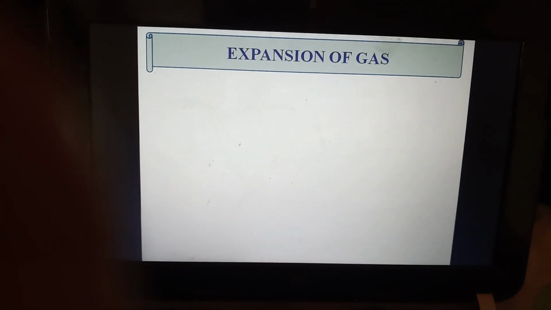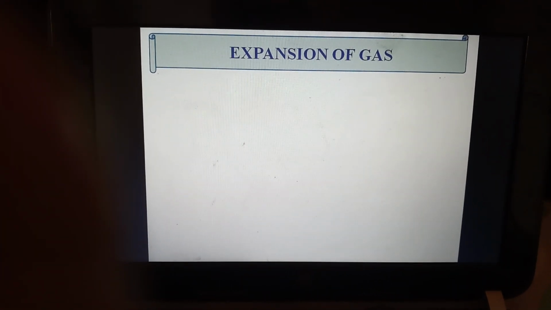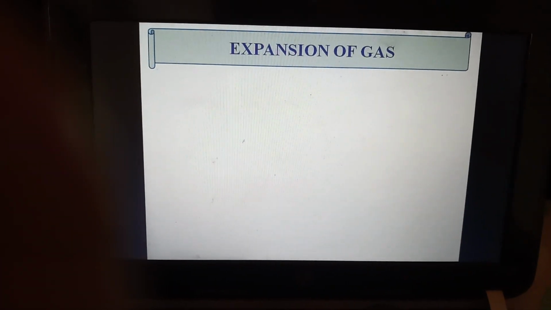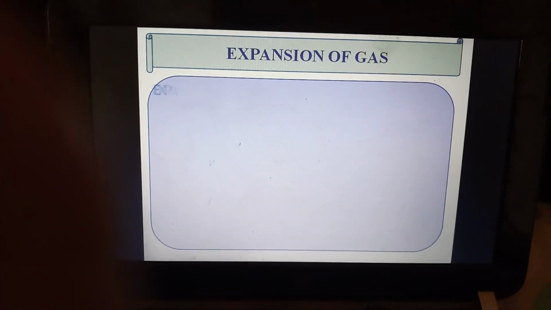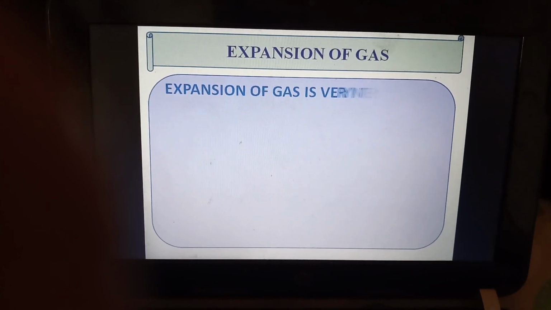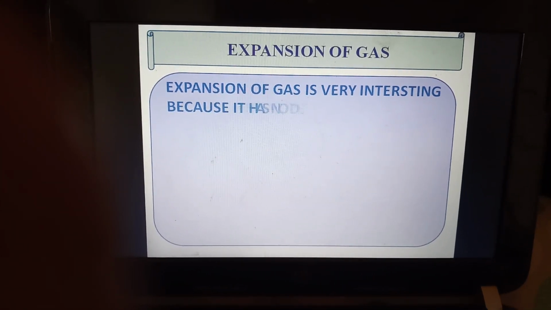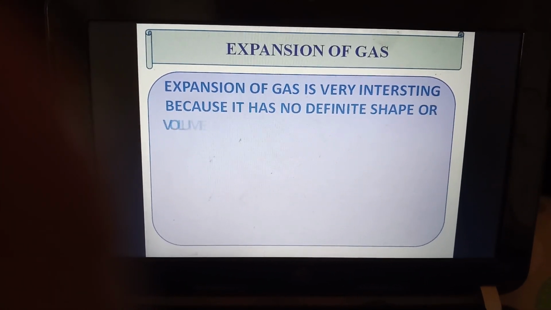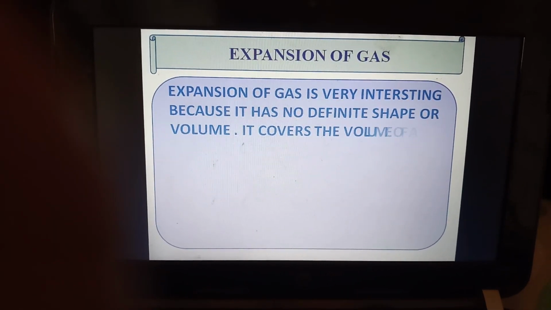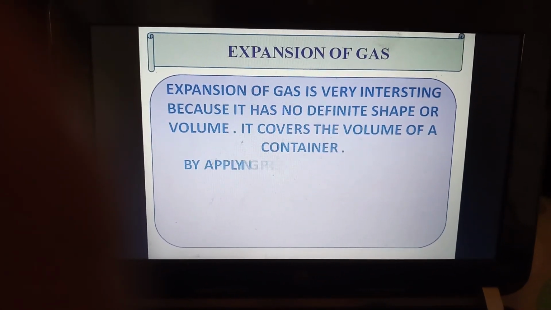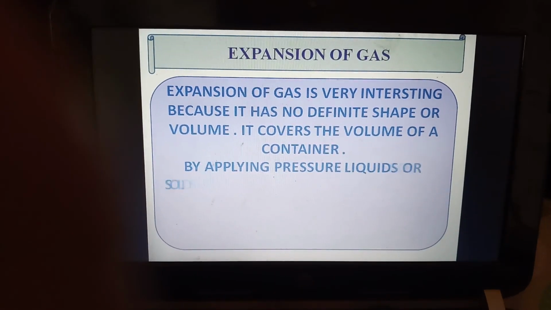Then our next topic is expansion of gas. Expansion of gas is very interesting because a gas has no definite shape or volume. It covers the volume of a container.